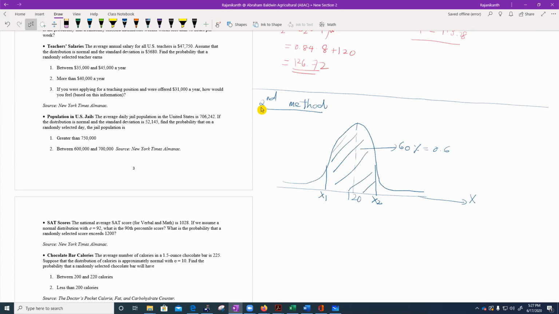Okay, so mu was 120 and the standard deviation for this problem was 8, right? Now I'm doing this problem without changing into standard normal, without changing into z.